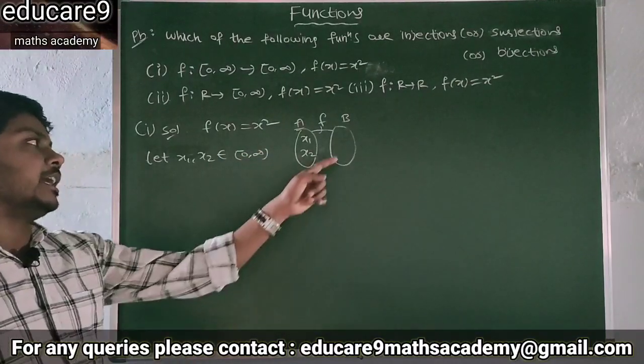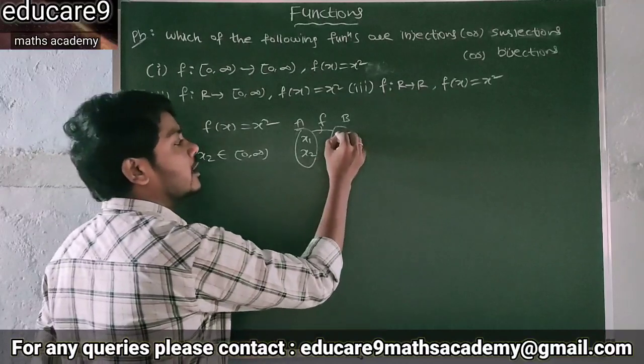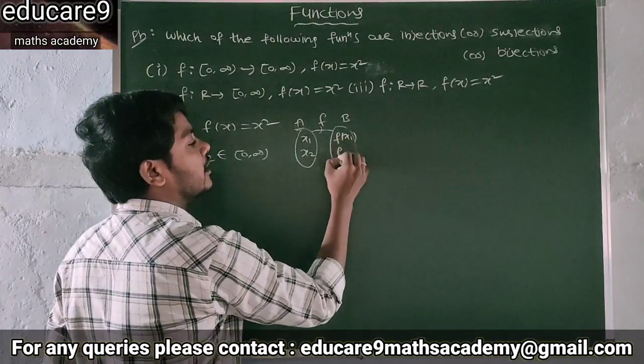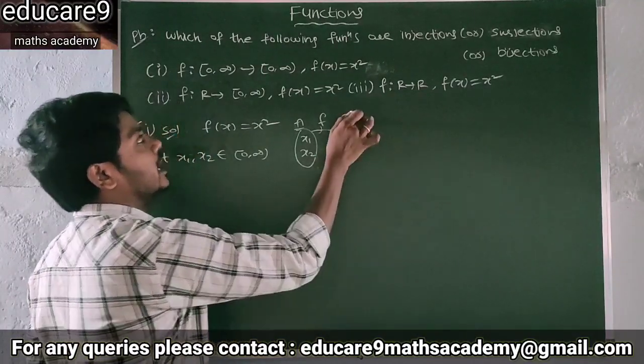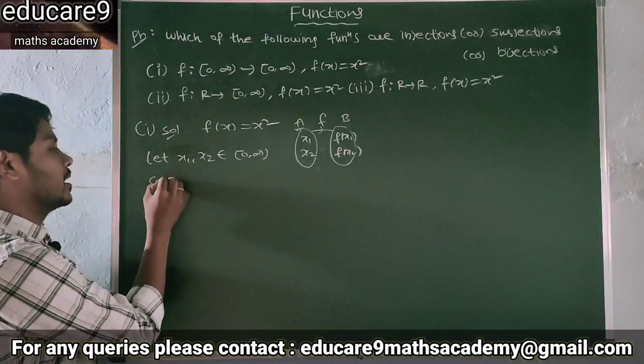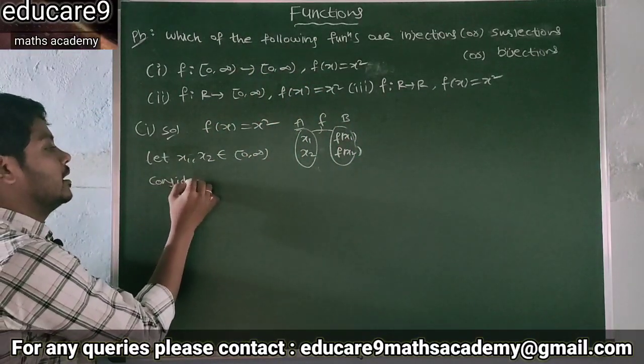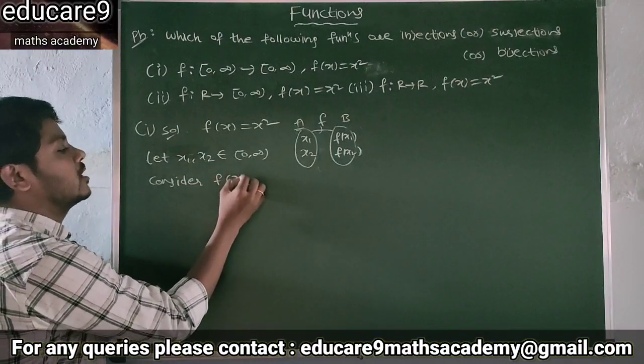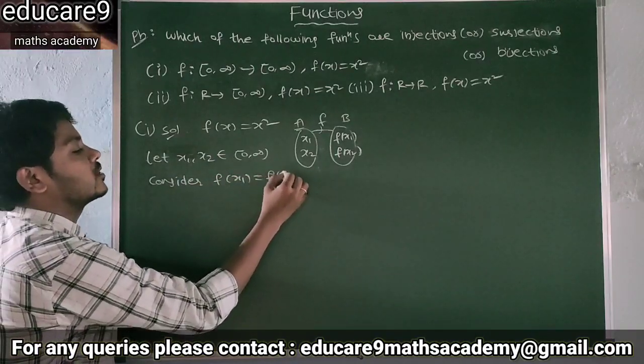And corresponding elements in codomain are f(x1), f(x2) that belong to B, meaning 0 to infinity. So consider f(x1) equal to f(x2).